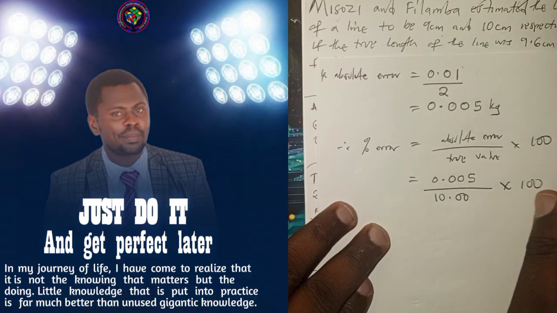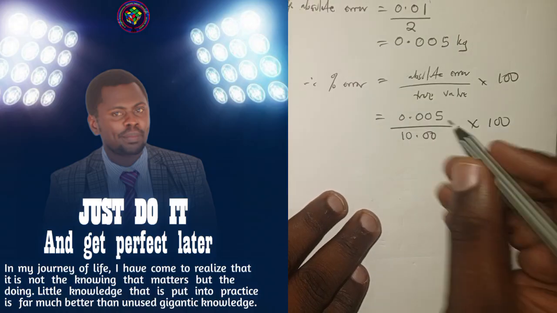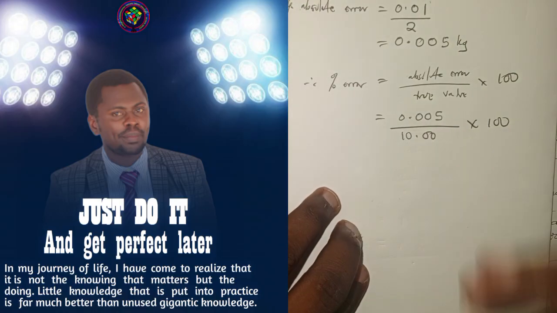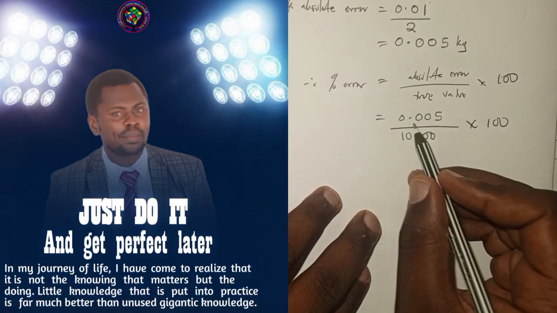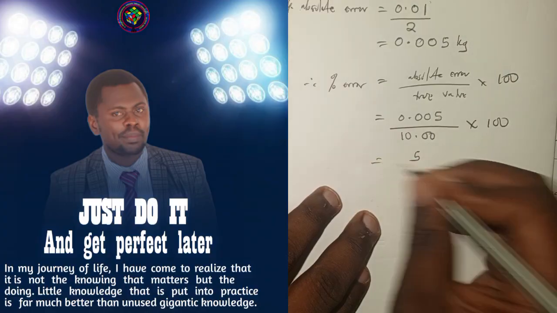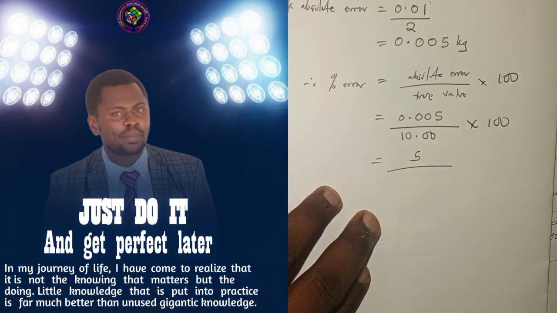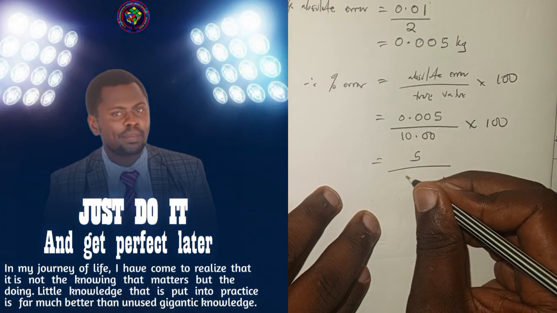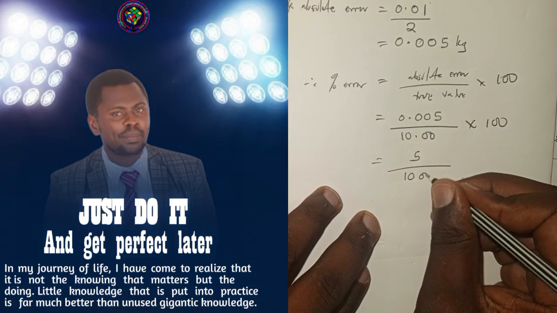Okay, again here we have 3 decimal places and 2 decimal places. So to get rid of the decimal places, we multiply by 1000, because the highest number of decimal places is 3. So this number multiplied by 1000, you get 5, over 10 multiplied by 1000, you get 10,000.